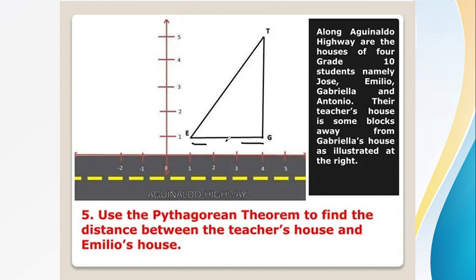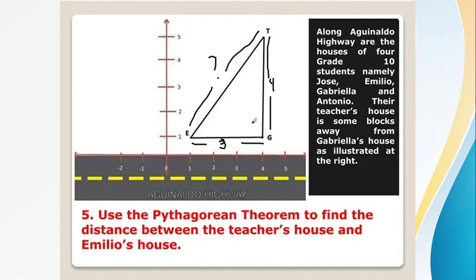This is 3 units. And from the teacher's house to Gabriela's house, that is 4 units. The question is, how far is the teacher's house from Emilio's house?